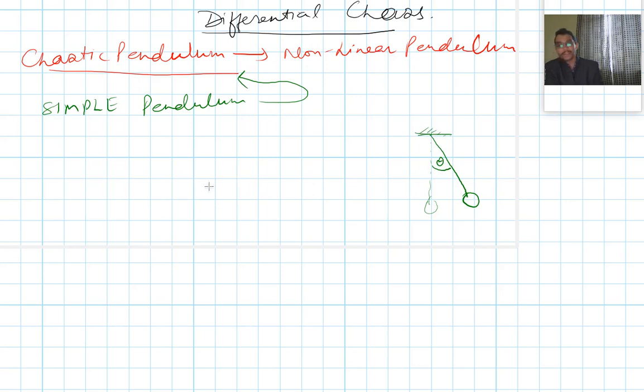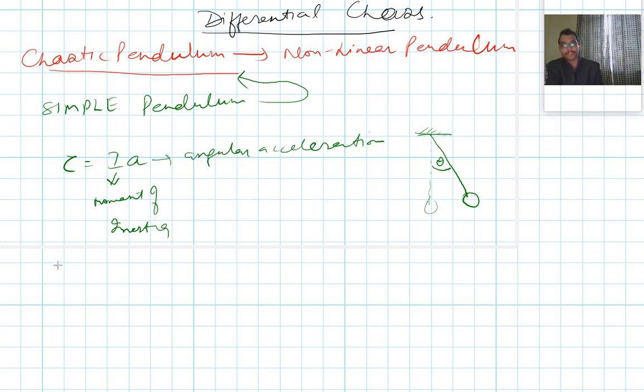In this case, this is a torque, angular torque, and it is basically I alpha. Here I is the moment of inertia, and alpha is the angular acceleration, right? So this tau is equal to I alpha, it is equal to minus mgl theta.